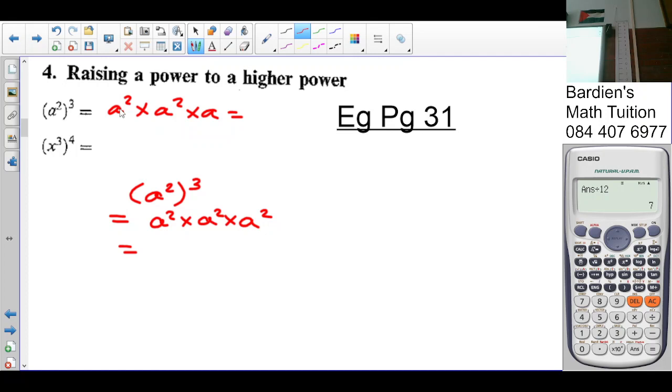So what is a squared times a squared times a squared? A to the exponent 8? How do you get 8? Which rule of exponents are you using? The first rule, no? What does it say?